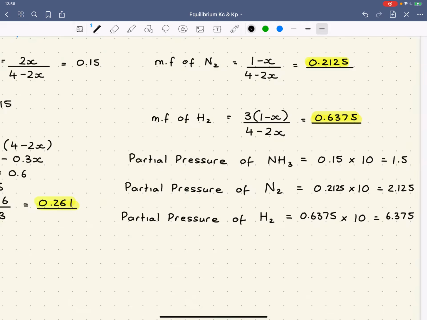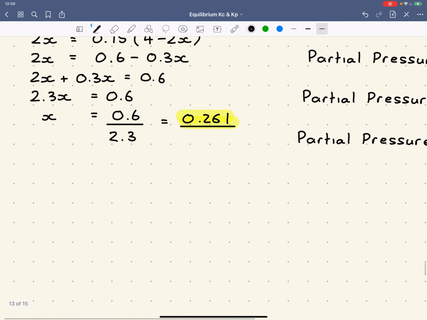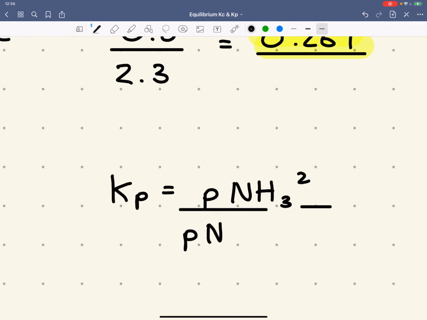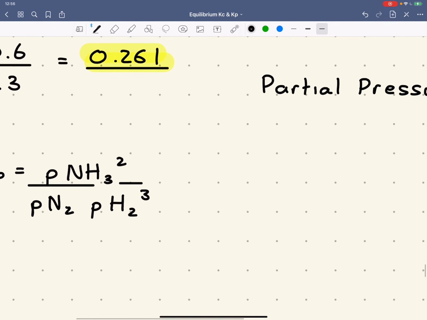And it is just now a case of plugging that into my Kp expression. So Kp, remember, is equal to the partial pressure of ammonia squared divided by the partial pressure of nitrogen times the partial pressure of hydrogen cubed.